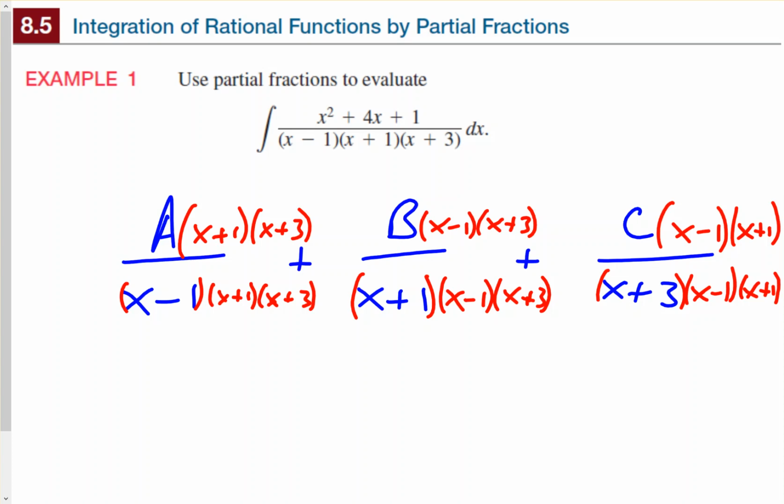So the next step is we want to multiply these factors that we just put in here, x plus 1 times x plus 3. We have a in front of them. Okay, so we still have a. And then inside here we have, just FOIL it, x squared plus 3x plus 1x, that's plus 4x plus 3.